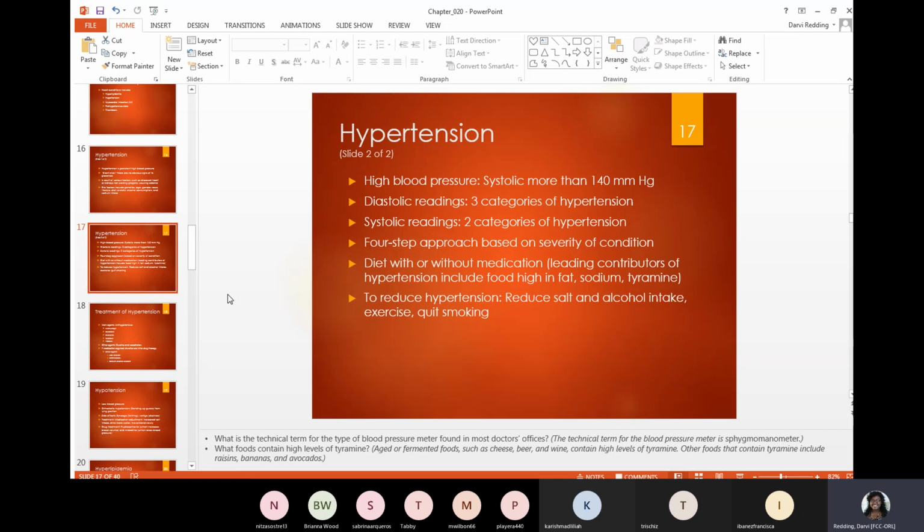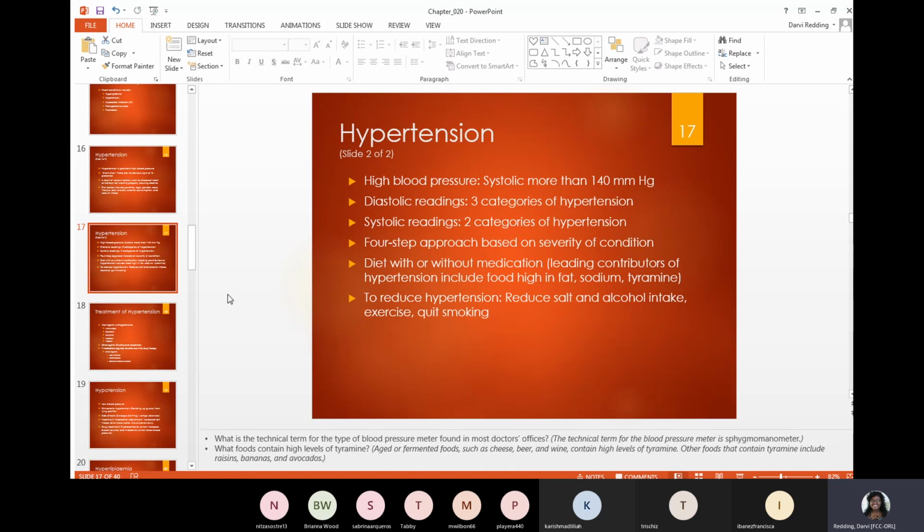And these are some leading contributors of hypertension, which include food that's high in fat, sodium, and tyramine. So a person's diet might consist of them staying away from fried foods, because that's going to make the body work a little harder in order to get those food nutrients in.